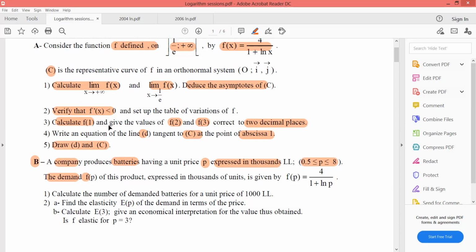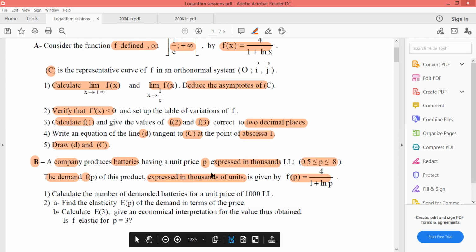You have to pay attention that part B is related in some way to part A. Always, part B must be related to part A. So the demand f(p) of this product is expressed in thousands of units by f(p) equals 4 over 1 plus ln p. So we have the price in thousands of Lebanese lira and the demand is expressed in thousands of units.